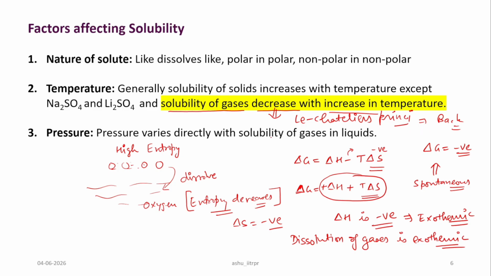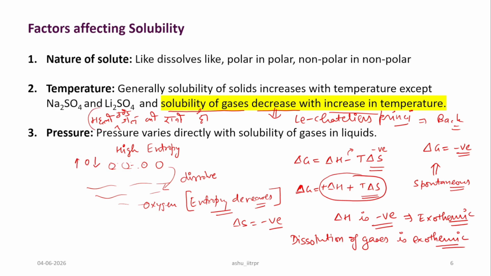And I tell my students in grade 12, we all have come across this poem, मछली जल की रानी है. I generally make a correction: मछली जल की रानी है, but मछली ठंडे जल की रानी, because when you increase temperature, the solubility of oxygen decreases.